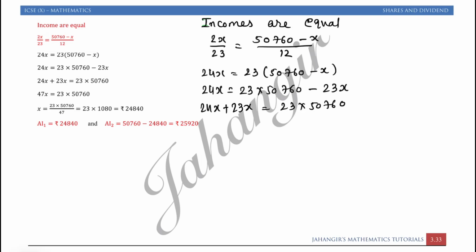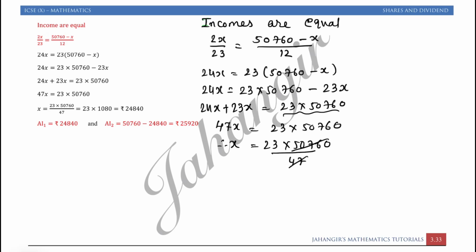Don't try to multiply this, otherwise the number will become bigger. So 47x is equal to 23 into 50,760. Therefore x is equal to 23 into 50,760 upon 47. If you cancel this, you will get 1080.